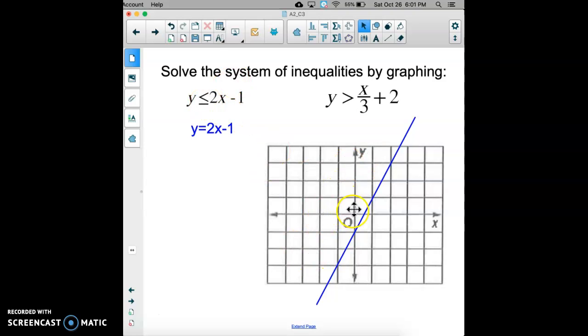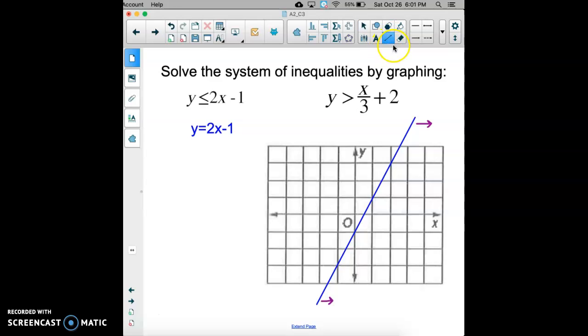In this case, if I plug in 0, 0, I get 0 is less than or equal to -1, which is not the case, so I'd shade this stuff. I think that it gets a little bit messy, personally, so I just draw arrows. But again, if you want to shade stuff and then see where all the shading overlaps, that is totally acceptable as well.